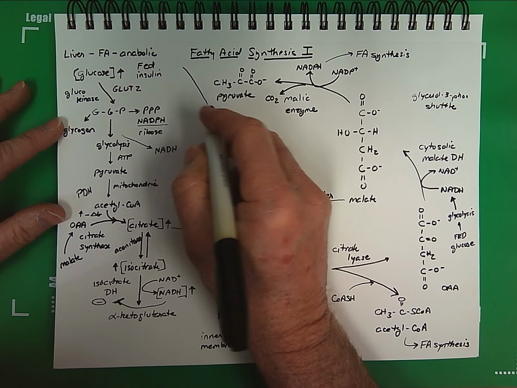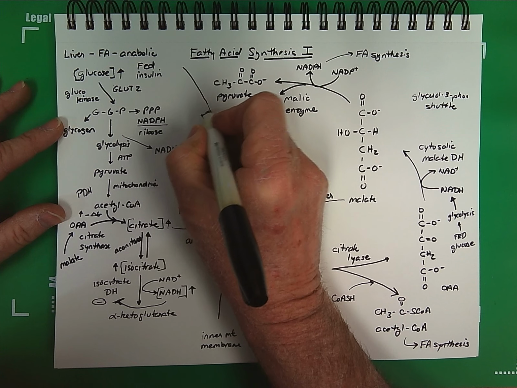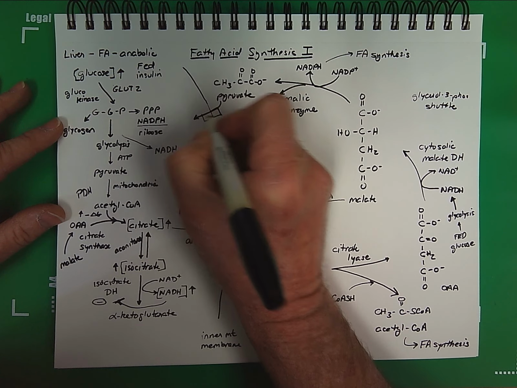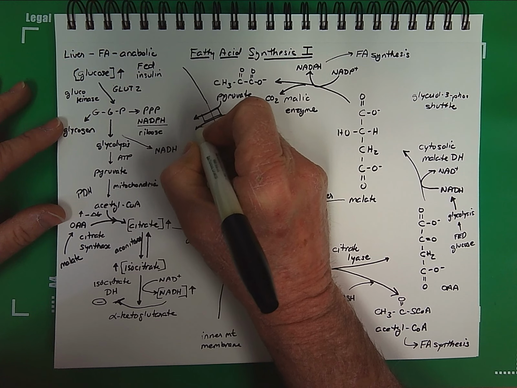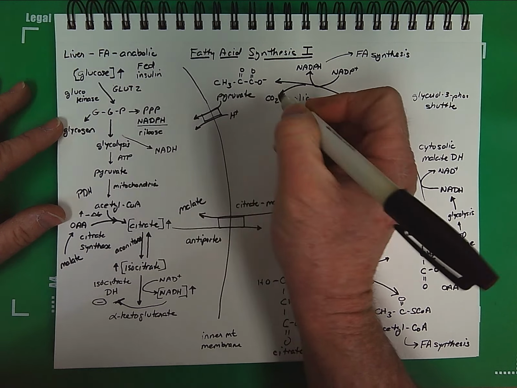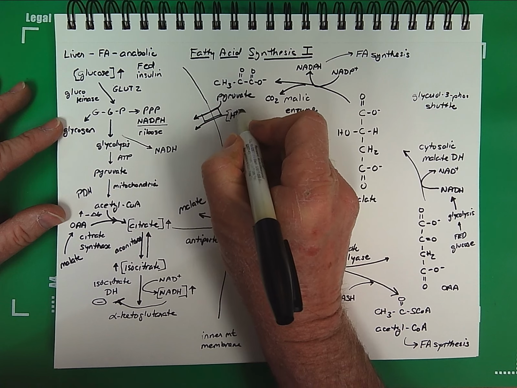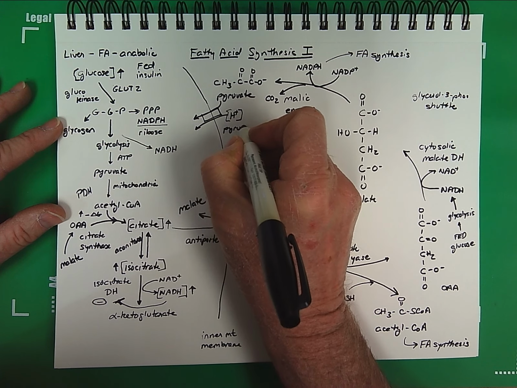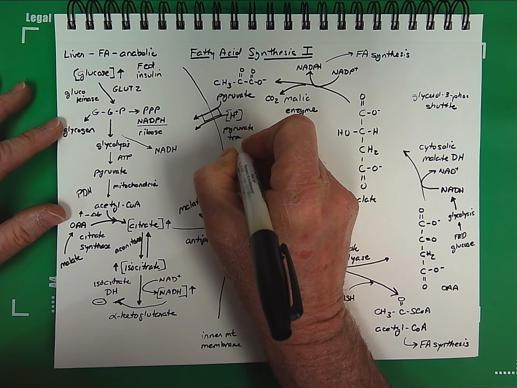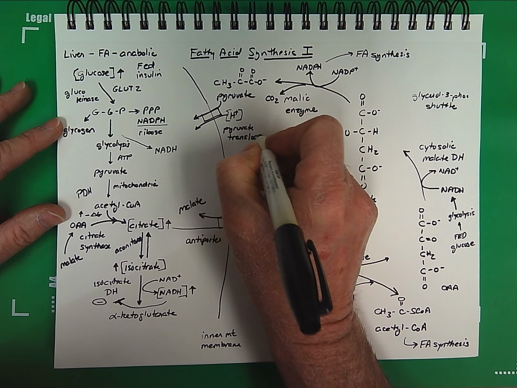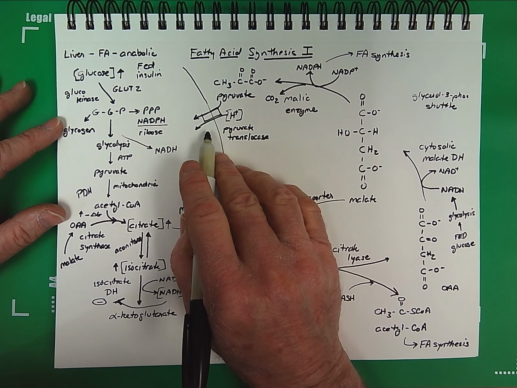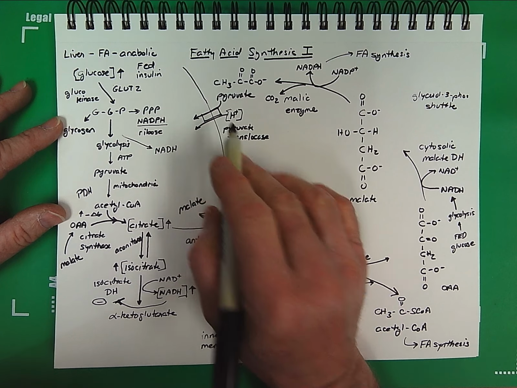Now once we generate the pyruvate, recall we have the pyruvate translocase that operates by proton gradient. This is our pyruvate translocase, and this is of course a symporter, secondary active transport using the power of the proton gradient.